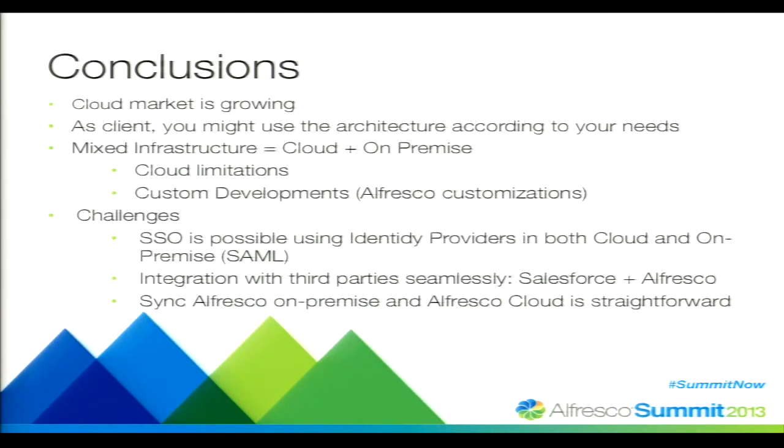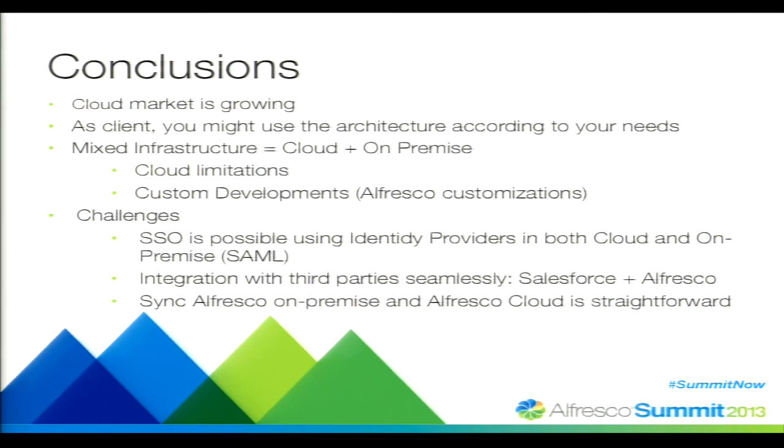So the conclusions are that the cloud market is growing quickly because most companies have moved into the cloud to offer their services. As a client, you might, or you must, use the architecture that fits well to your needs.